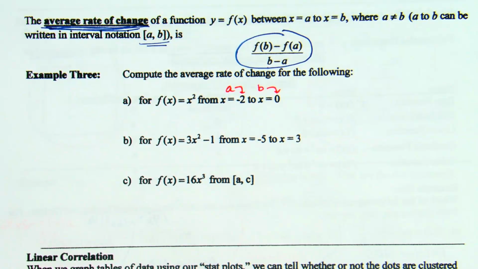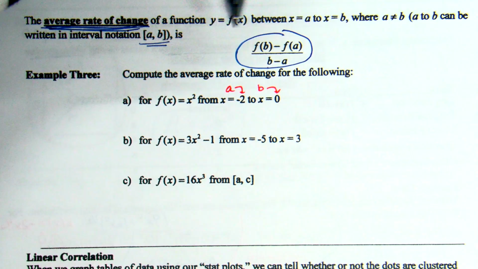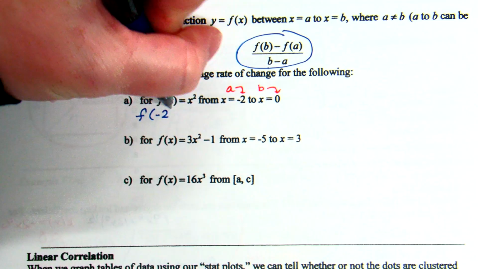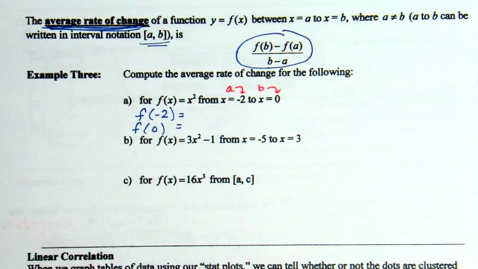Now, besides knowing a and b, what else do I have to know? F of b and f of a, which means I'm going to have to find f of negative 2 and f of 0. What does f of negative 2 mean? Replace x with negative 2.